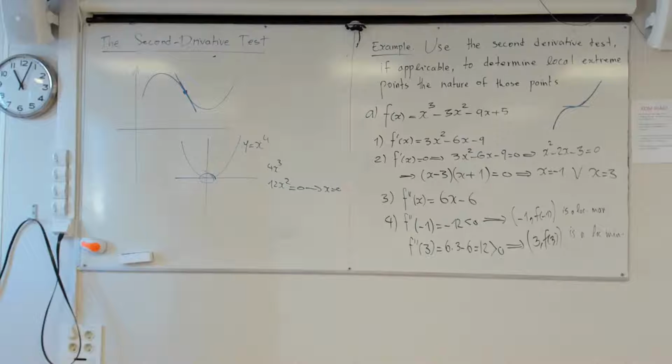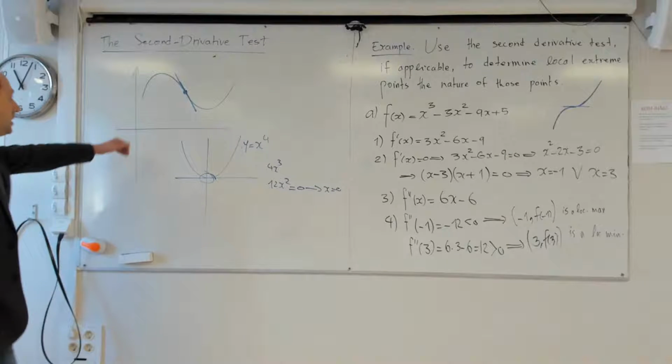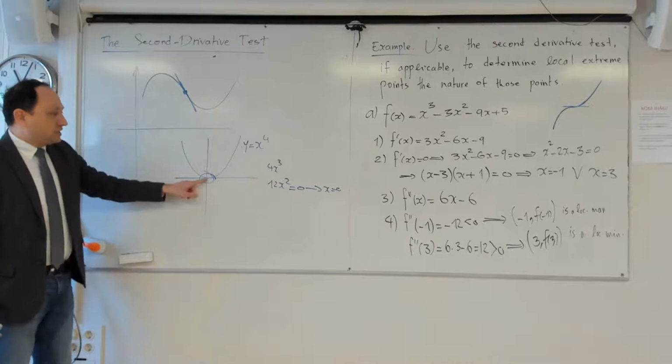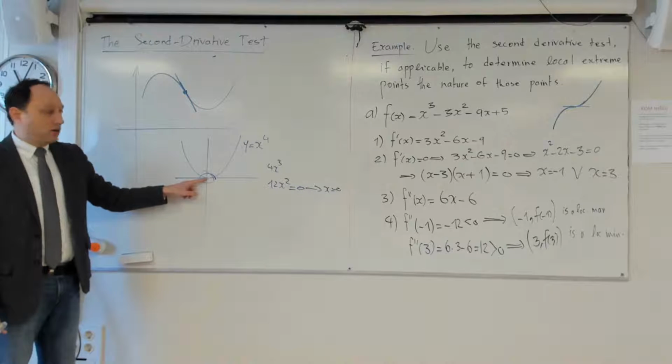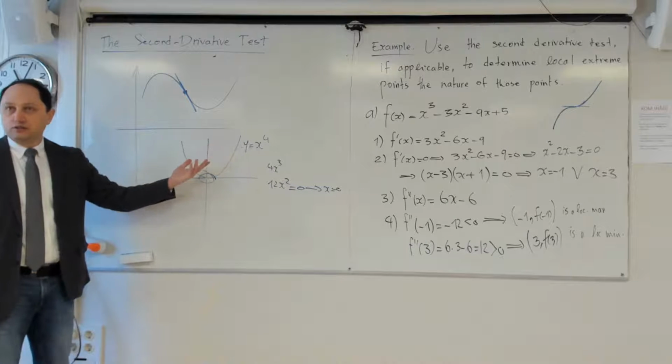Okay, now how can I get rid of this situation? You put up a table and do as you would have done with the first derivative test, but with the second derivative. Yes, that's correct, and it will work. Why? Because why is this a fake one? Because the concavity doesn't change.